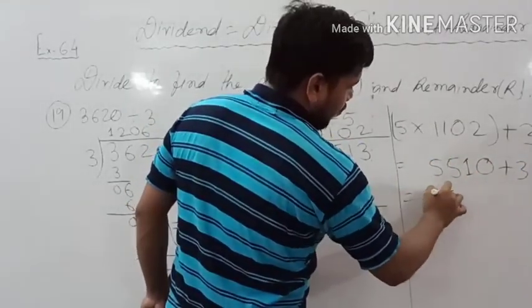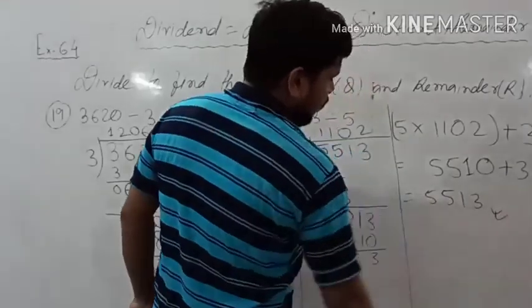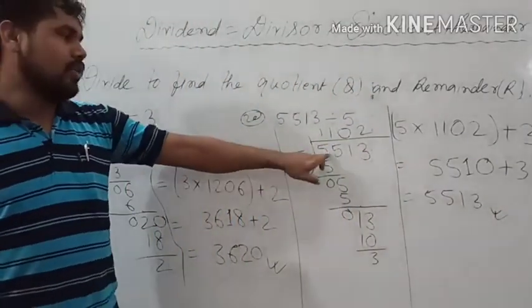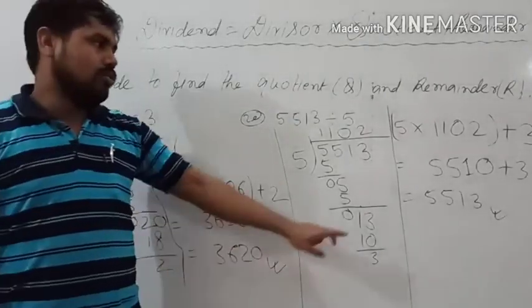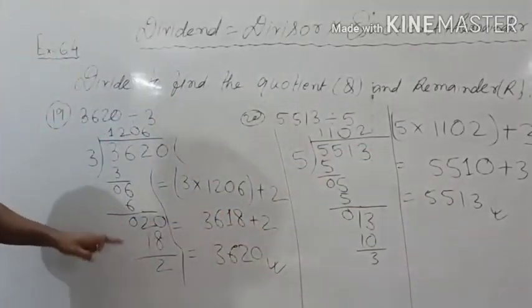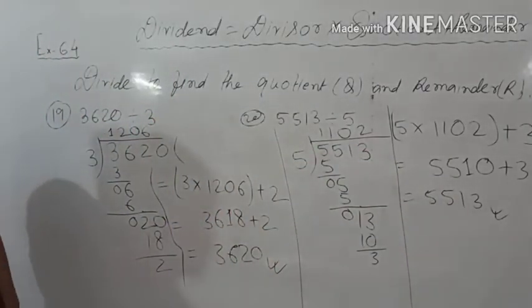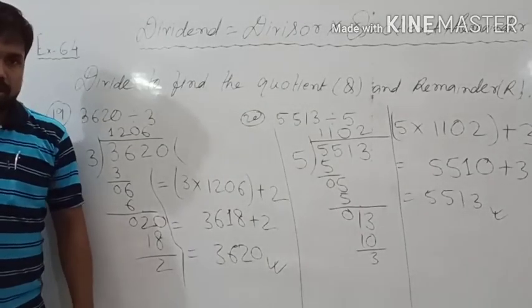So 5 5 1 3. 5513, this is the dividend. So that is how we can prove this type of question also, after dividing, whether it is correct or not.